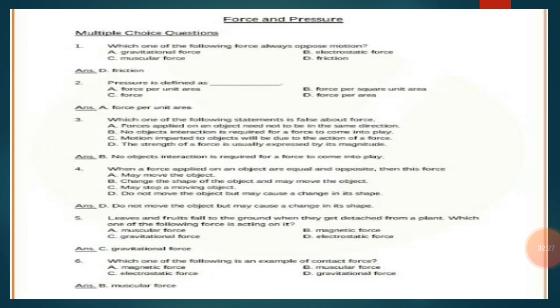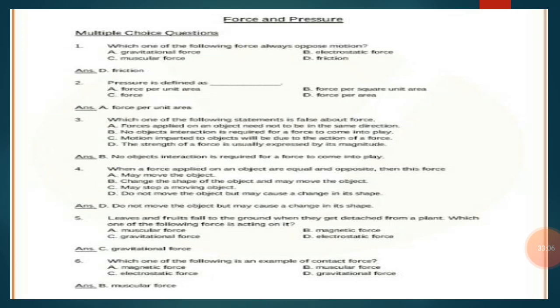The fourth question is: when the forces applied on an object are equal and opposite, what does it cause? It does not move the object, but it causes a change in its shape.